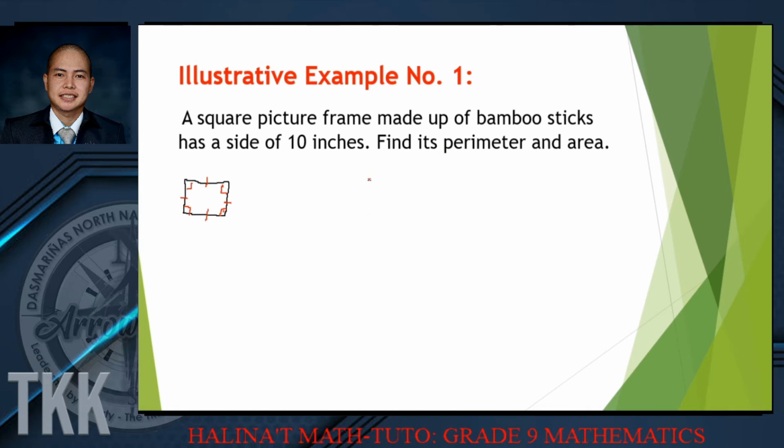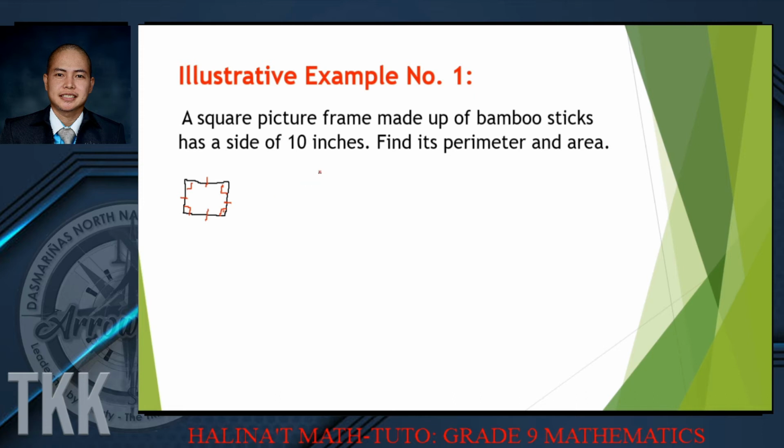It's made up of bamboo sticks. If you have bamboo sticks, you can use them to better visualize the problem. Draw or form a square using those bamboo sticks. Make sure all the lengths of the bamboo sticks are equal.